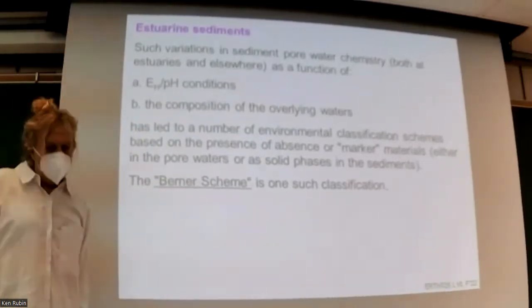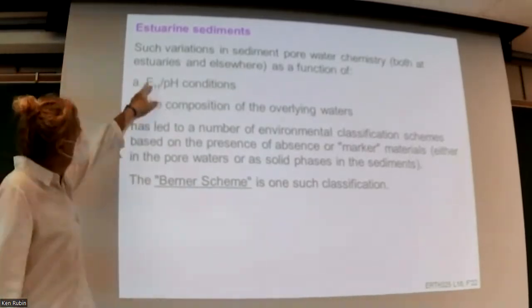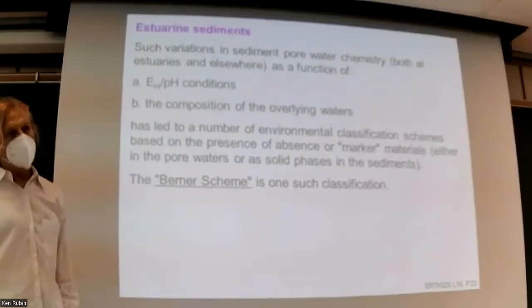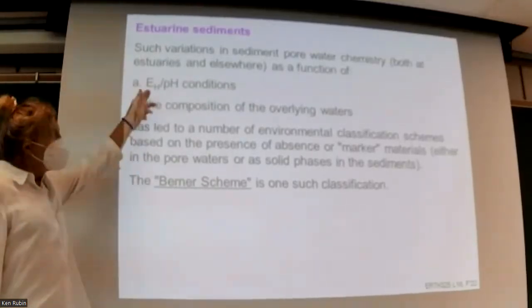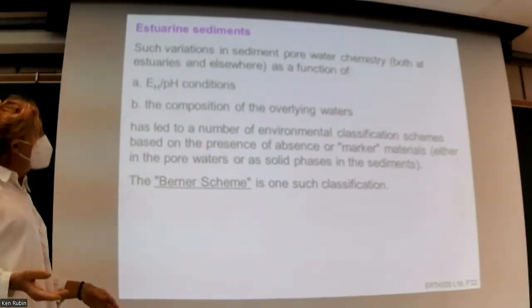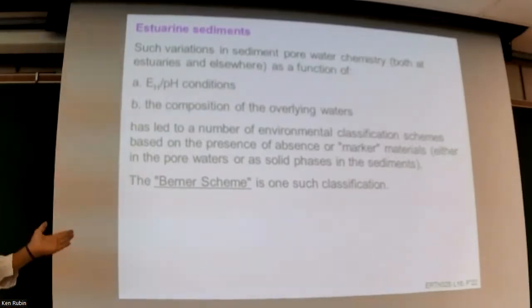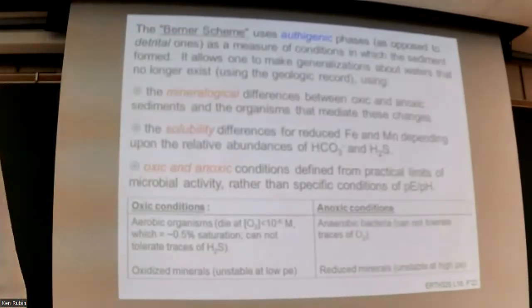What the Berner scheme does is it looks at what particular marker minerals might be sensitive to these three things: the EH, the pH, and the composition of the overlying water. Now, if I can find minerals that tell me something about these conditions, then I might be able to look at some sediments in a rock record that I think were formed in an estuarine environment, and say something about how far from the ocean we were, or whatever else, how much organic matter was coming down, how fast conditions were changing with depth and EH, for instance.